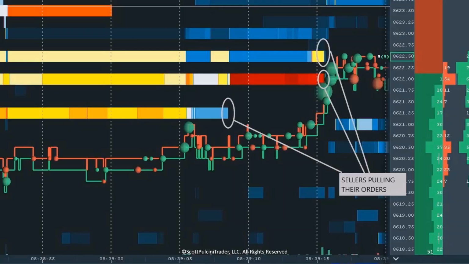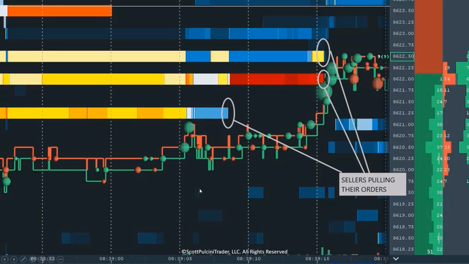So you'll see here, as the price moves up, those sellers are pulling the orders. These ones get pulled at the very last second. Here they get pulled a little bit before, and what do they do? They add below. Okay, they pull those orders down here and add below down here. So they flip their orders on the book. That's why it's called book flipping.